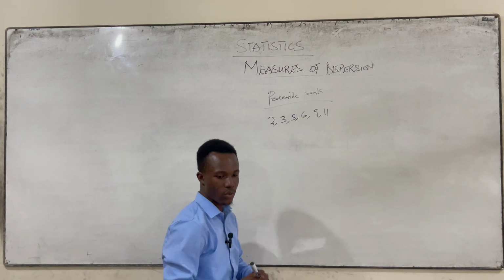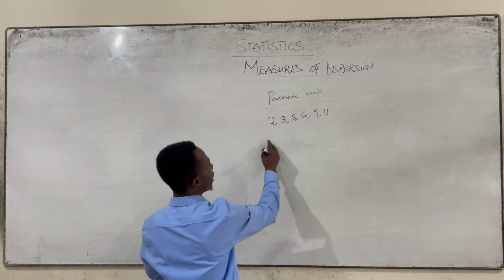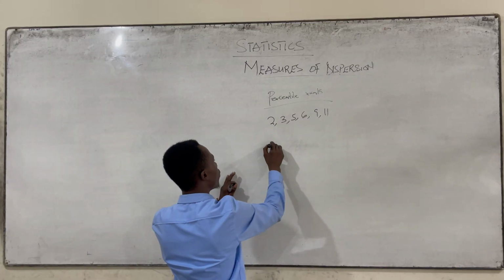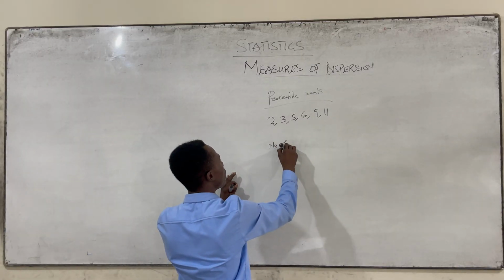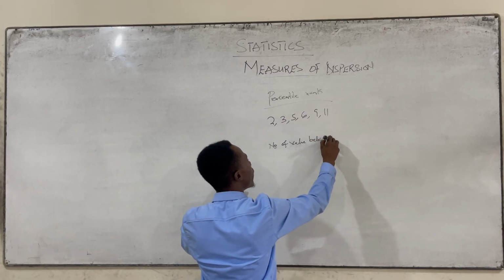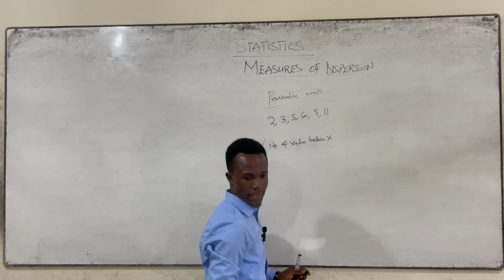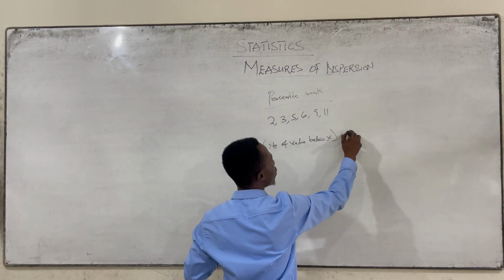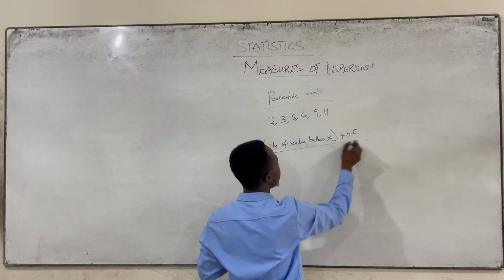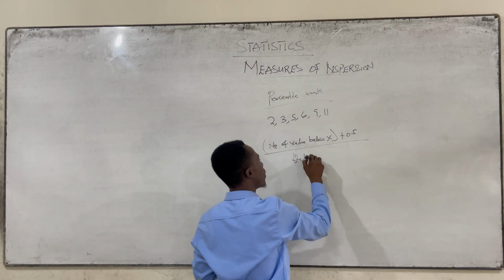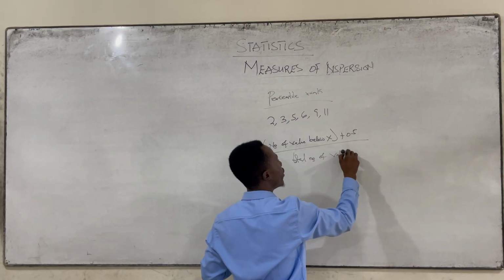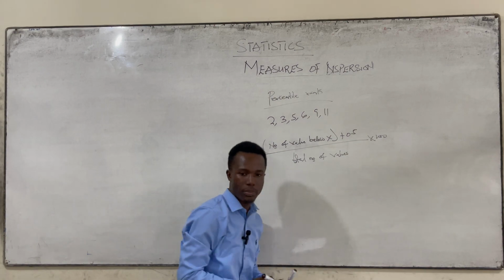Now for a percentile rank, we say it is the number of values below x, then you add 0.5, then you divide it by the total number of values. Then you multiply it by 100 since you are finding the percentile rank.